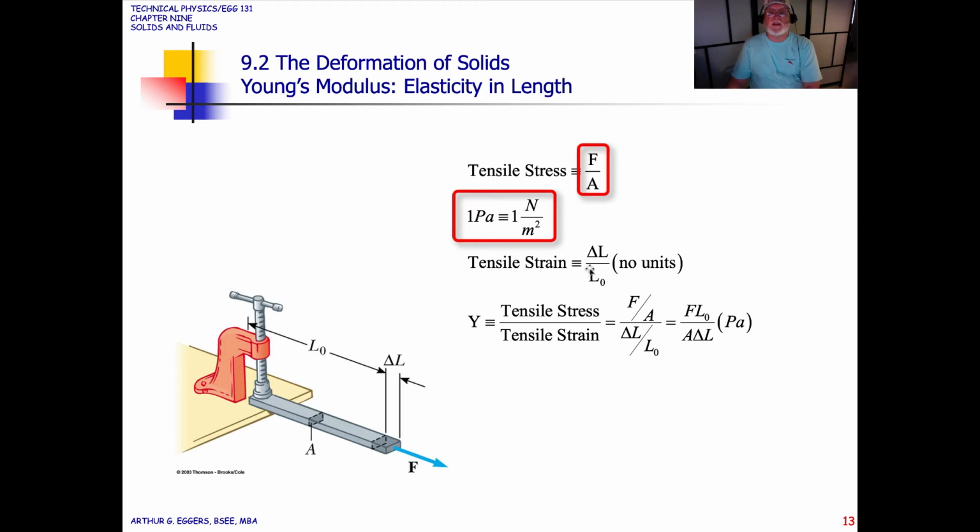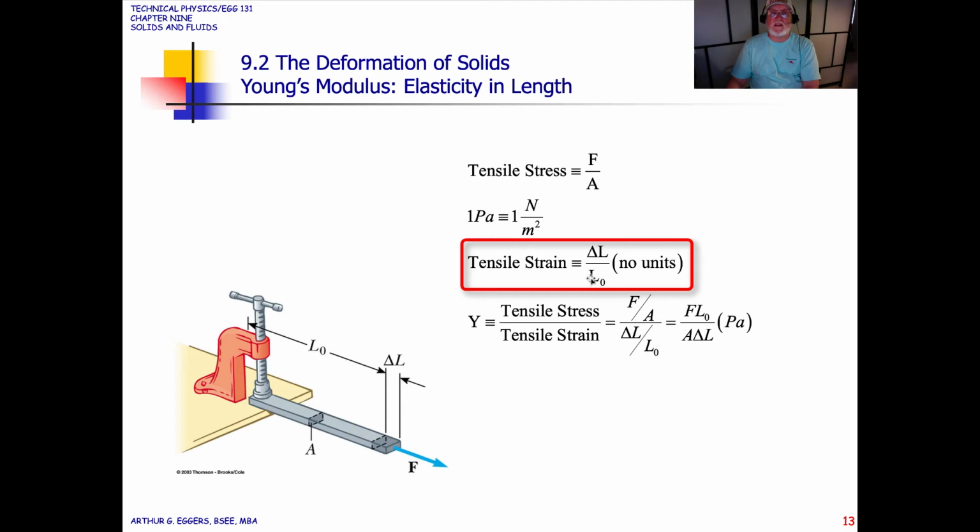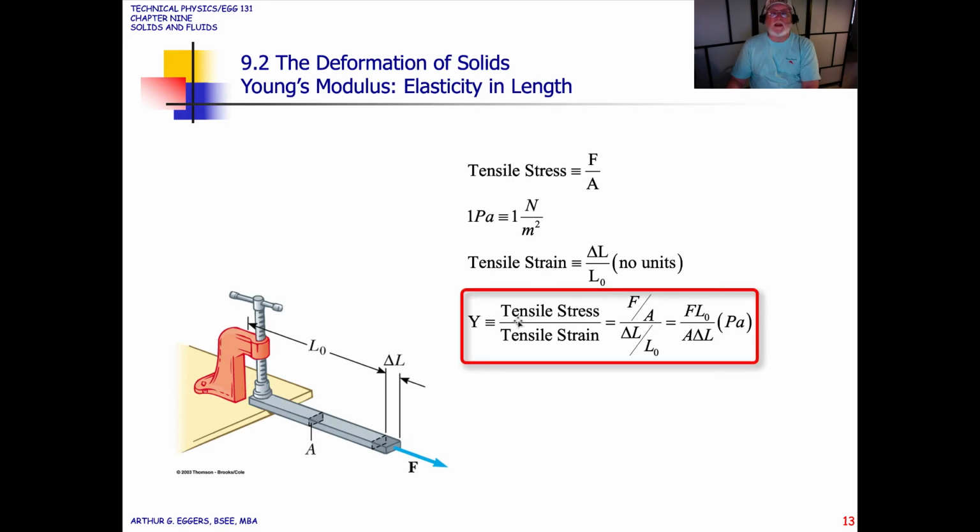Tensile strain then is defined as the change in length, delta L, over the original length. No units because they cancel out. And Y is the tensile stress divided by the tensile strain. So if we take force by cross-sectional area and divide it by the change in length by the original length, we come up with a relationship of force times the original length divided by the cross-sectional area times the change in length.